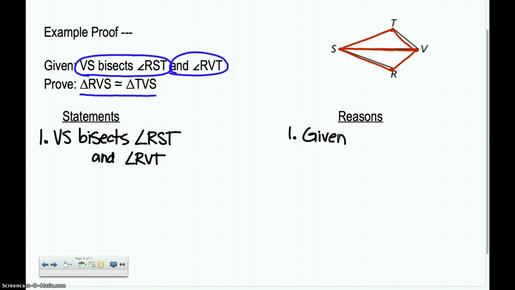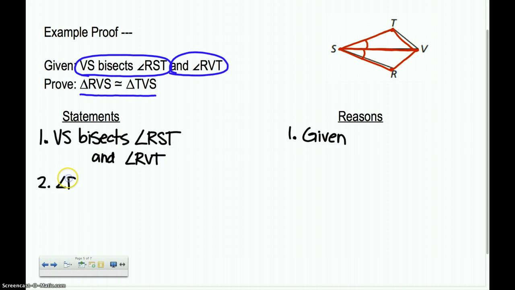What does it mean that VS, that middle chunk, bisects RST? RST is this big angle here, the whole thing. When we bisect it, what we're saying is now it's been cut into these two little congruent halves.